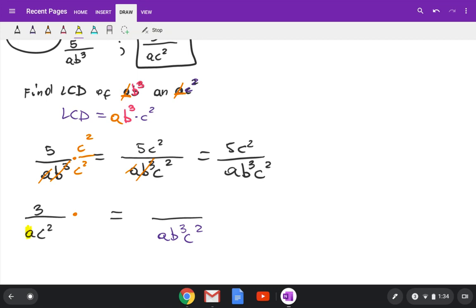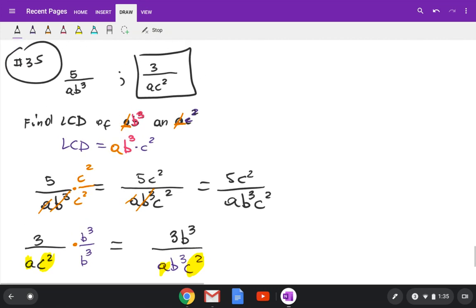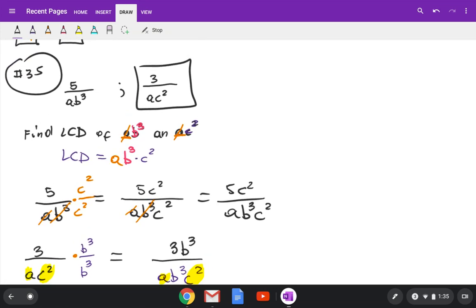I have a, I have c squared, so the missing factor is b to the third power. I multiply top and bottom by b to the third power, and that gives you 3b cubed over a b to the third power c squared. Okay, so that was number 35.